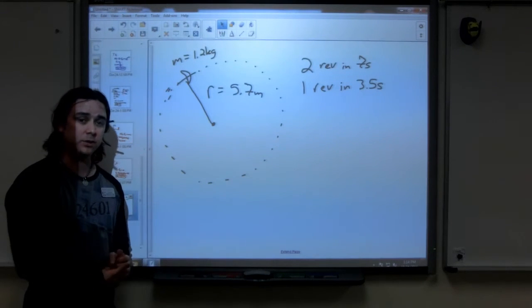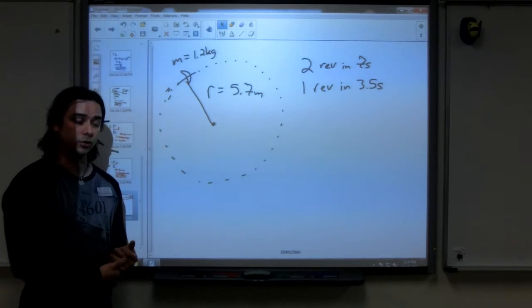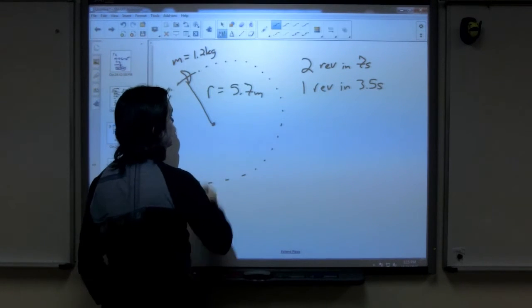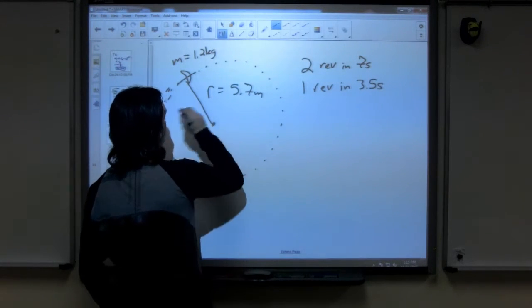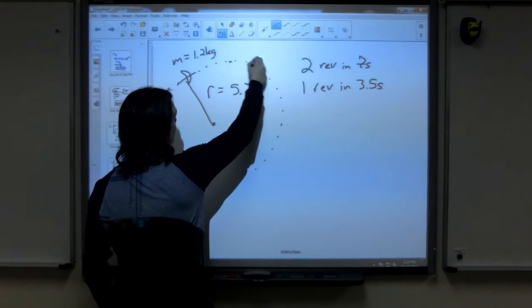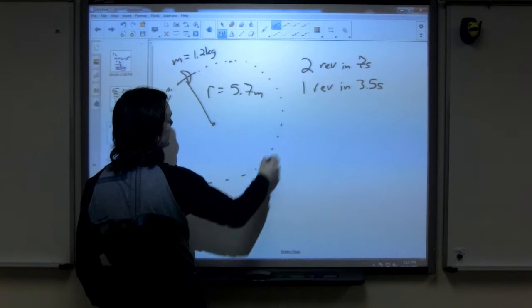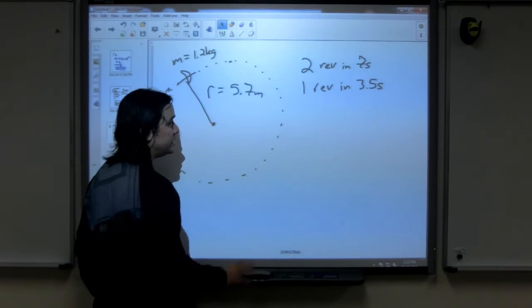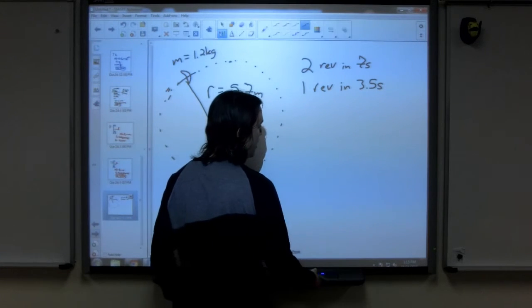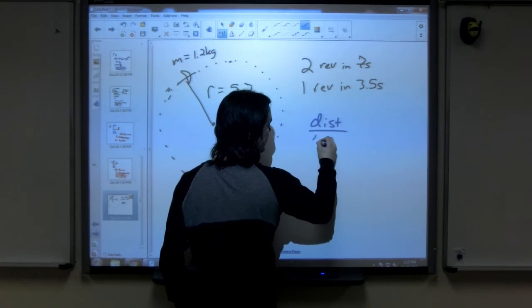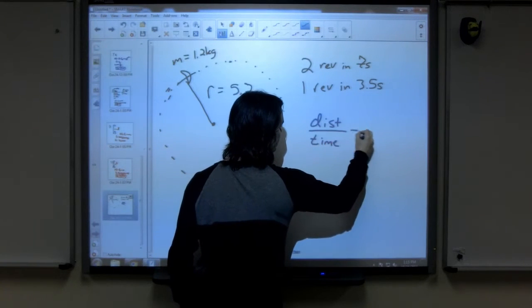And it's the speed that we're putting into our circular motion equation, because this is uniform circular motion. All right, what we need is the following. This thing goes around the circle twice in 7 seconds. So what we're going to do is find the speed, basically the distance it goes divided by the time it takes.